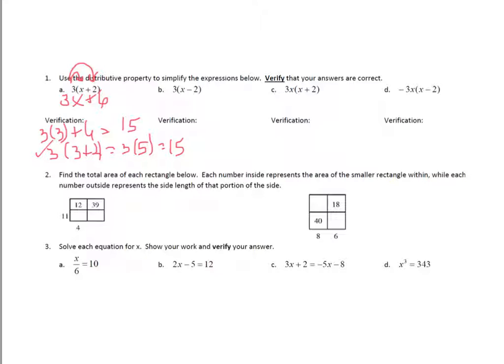Well, it's 4 times 3, isn't it? 3 times what equals 39? Well, it's 3 times 13. So this is 13, this is 3, that's 11.